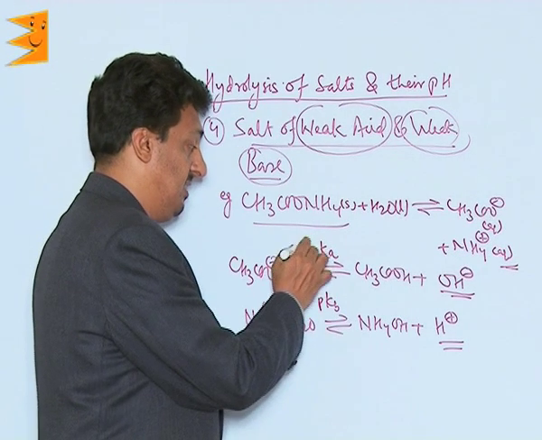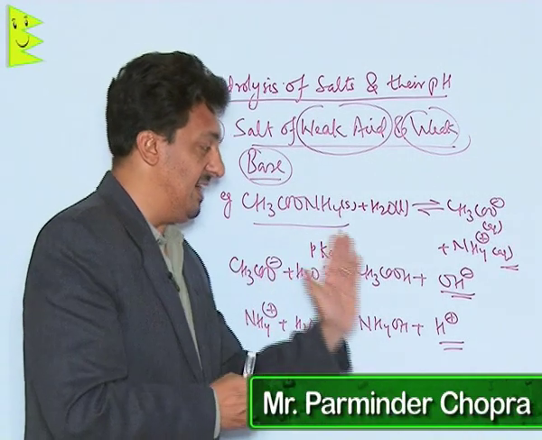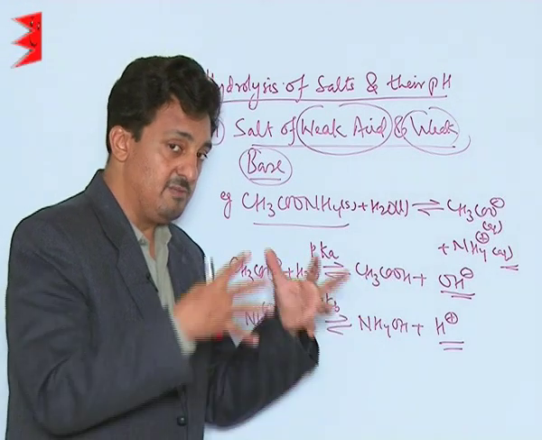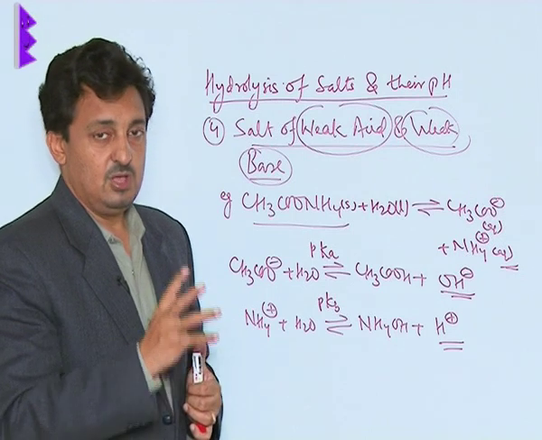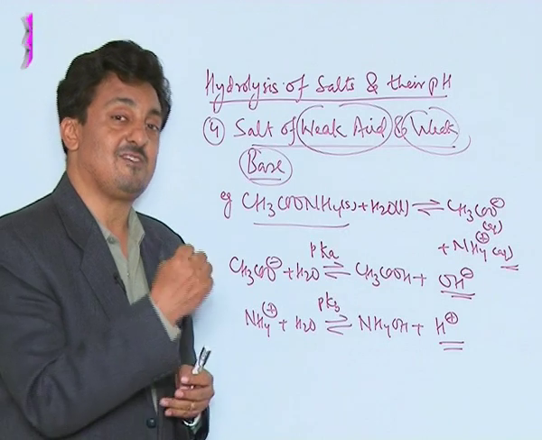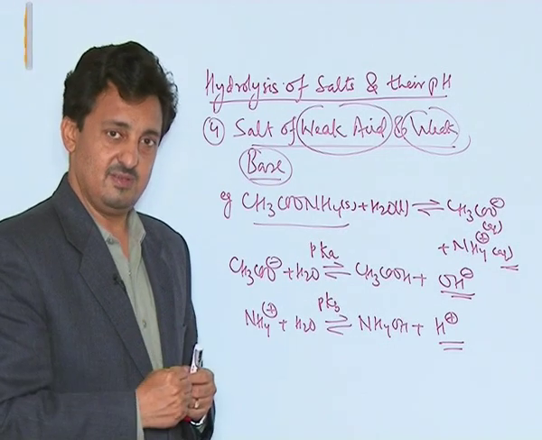So remember, what we can make out is that both of these will get hydrolyzed, releasing H ions and OH ions, which of course will neutralize each other, but the net medium will depend on the strength, the value of Ka or Kb.